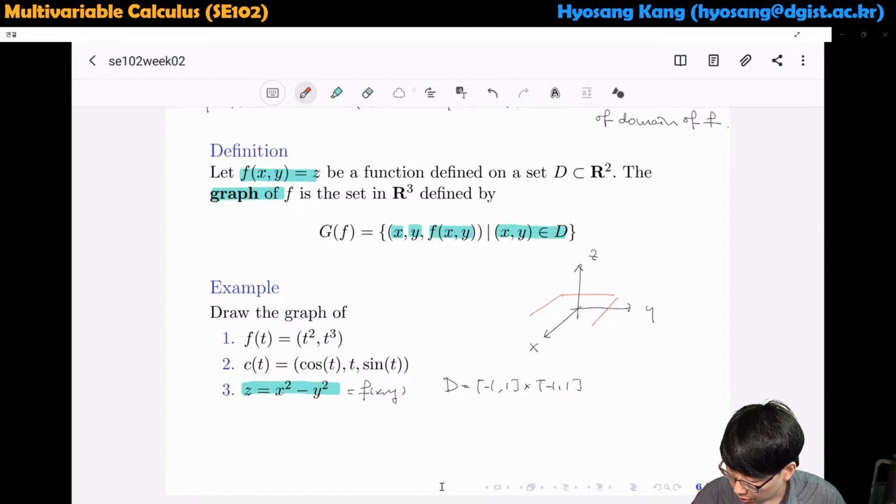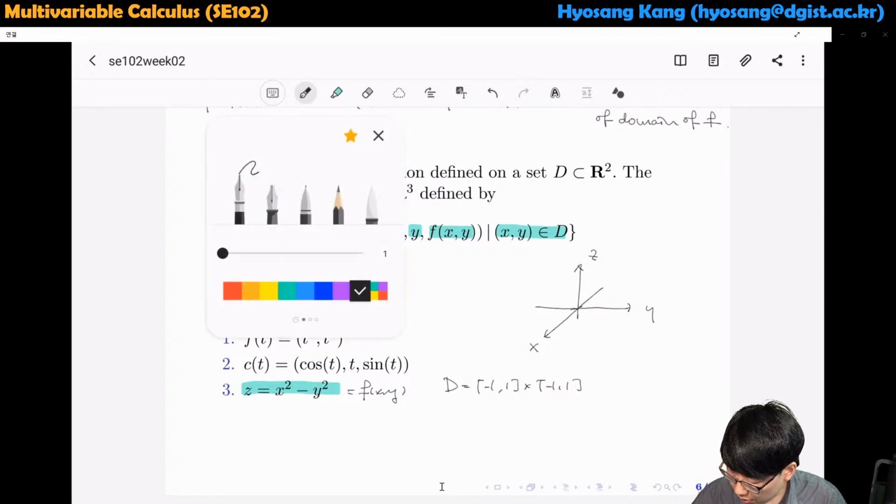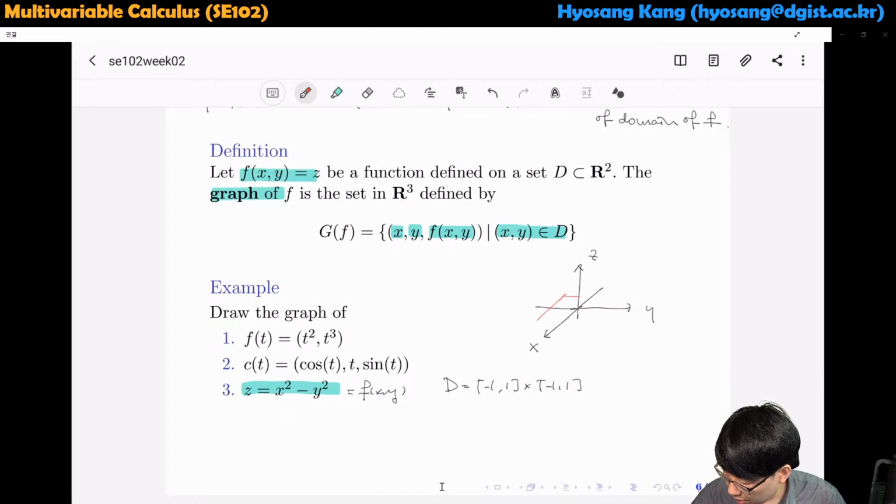Let me give a little bit more room here. So let's say the domain D lies here, and this is not the graph. This is simply the area of the domain inside of the xy plane.